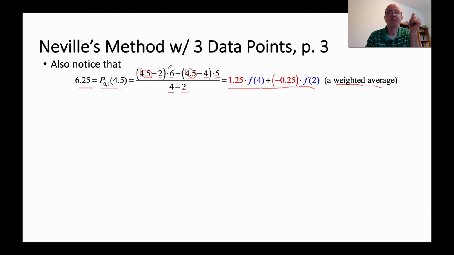If you take this expression here, for example, and you know, the 6 right there, that's the f of 4 right here. F of 4 is 6. Take 4.5 minus 2, you get 2.5. Divide by 2.